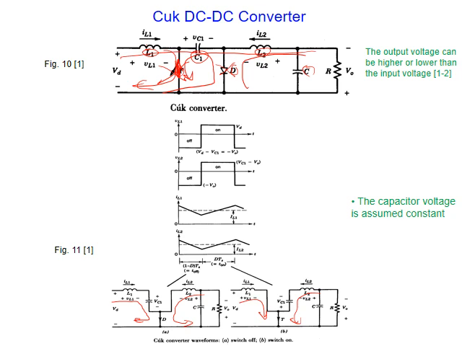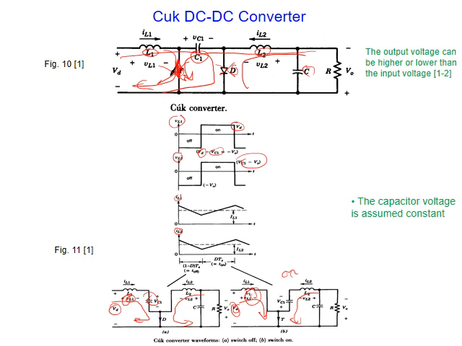Now if I come to find the voltages of the two inductances and their currents, for the first inductance at on, you can see the voltage applied across the inductance is VD. When it is off, the voltage here is the difference between VD and VC1. Sorry, here VD minus VC1.